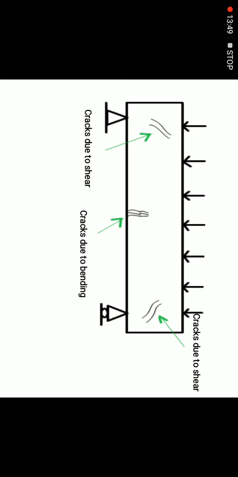Okay, so cracks due to shear are prevented by stirrups. Keep in mind, cracks due to shear are prevented only by stirrups or bent up bars. Then cracks due to bending are prevented by tensile reinforcement.